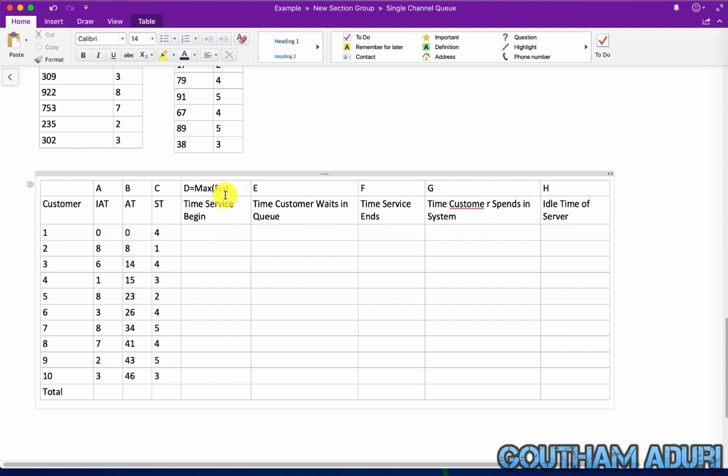I have to compare and get the greater value.